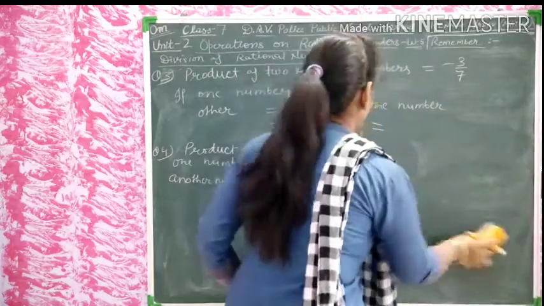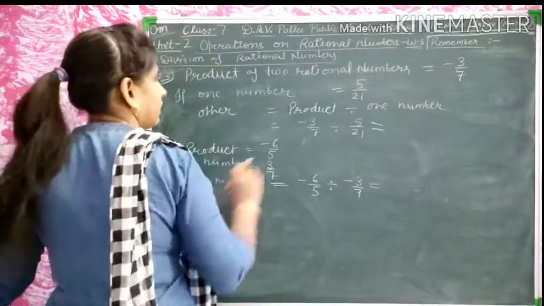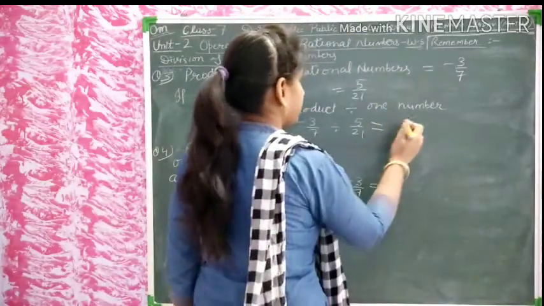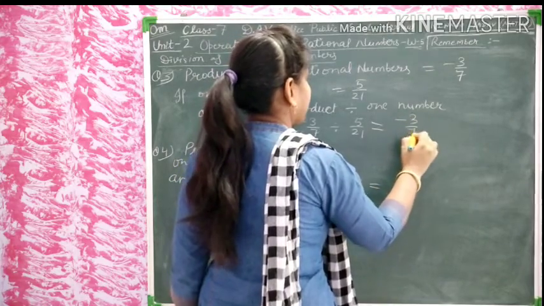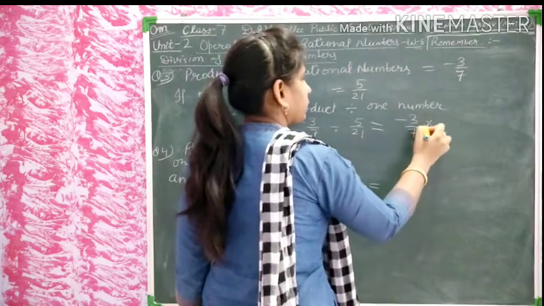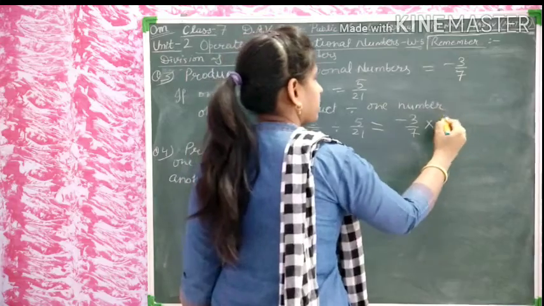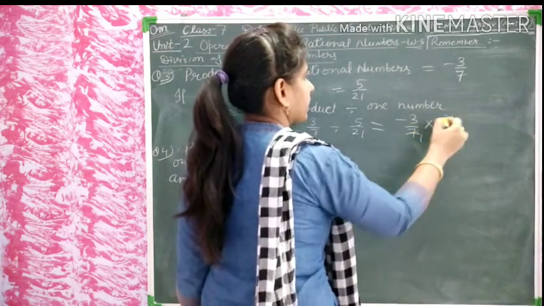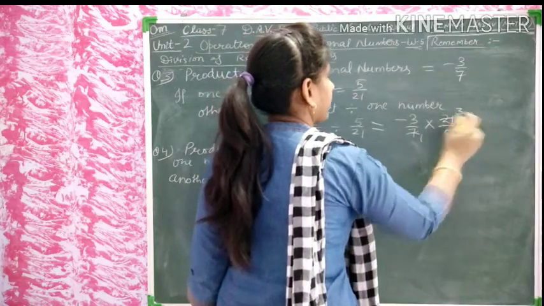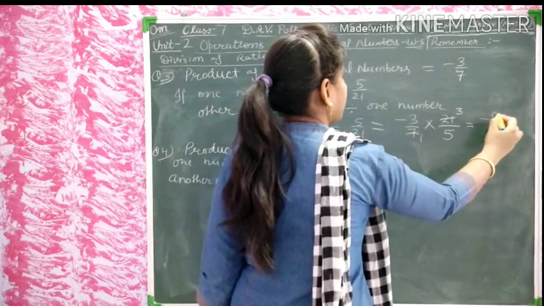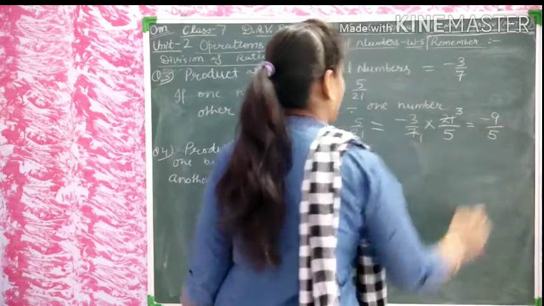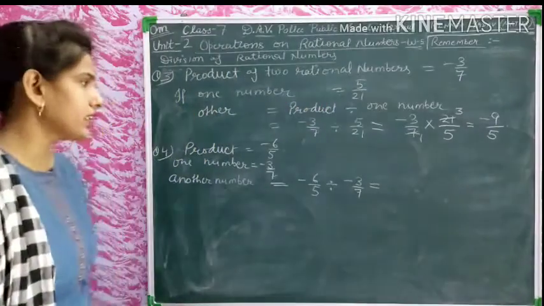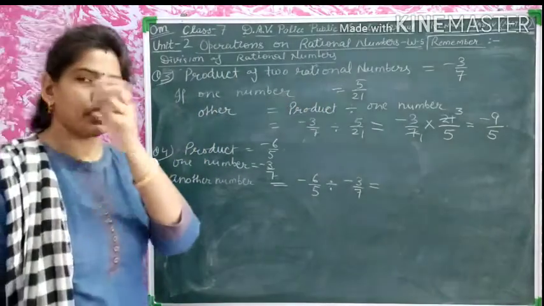Let's see: minus 3 by 7 divided by 5 by 21 is equal to minus 3 by 7, divide changes into multiply, and numerator changes to denominator and denominator changes to numerator. 7 ones are 7, 7 threes are 21. It will get 3 threes are 9, minus 9 divided by 5. This will get the answer here, that is the other number. Is this clear?